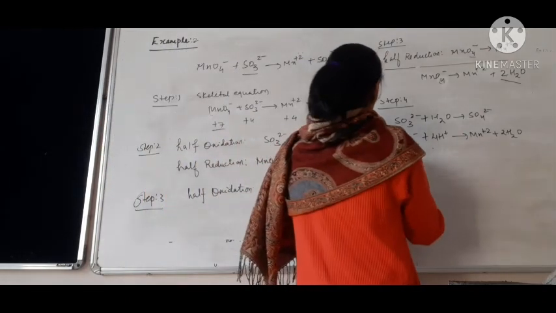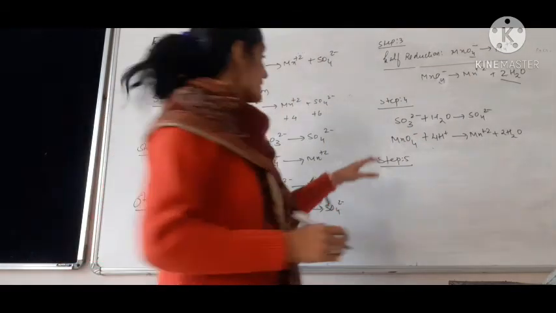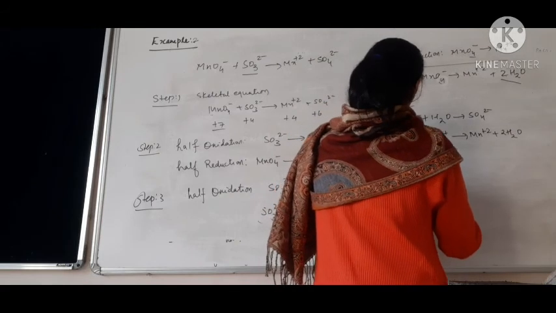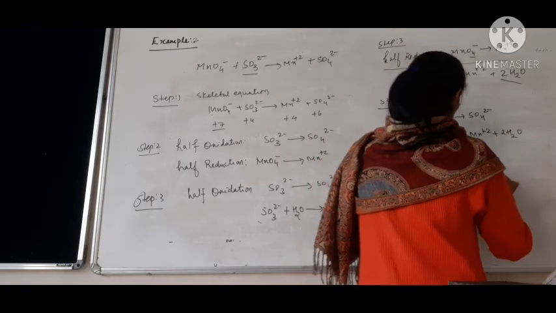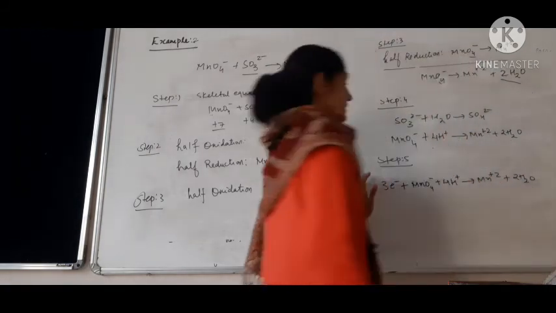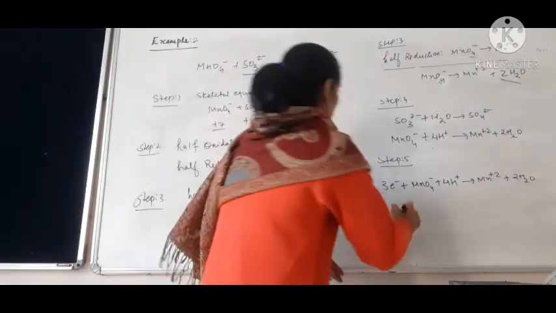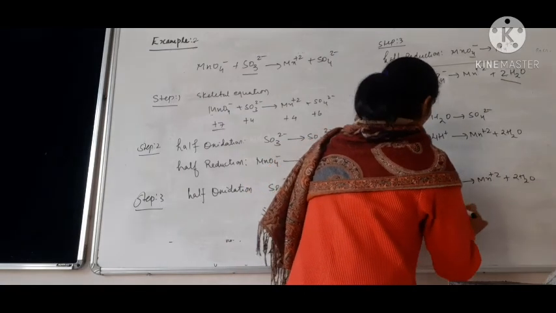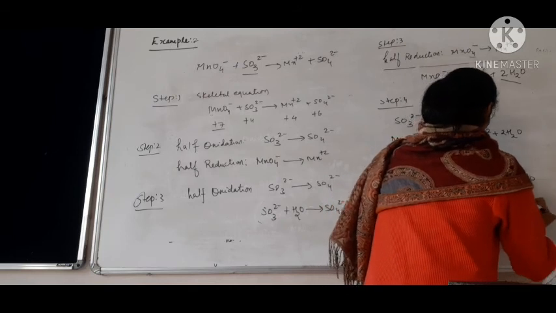Next, step 5, we are adding the number of electrons to balance it out. For this one I am going to write 3 electrons plus MnO4 minus plus 4H plus, which gives Mn plus 2 and 2H2O. And over here SO3 2 minus plus H2O, which gives SO4 2 minus plus 2 electrons.